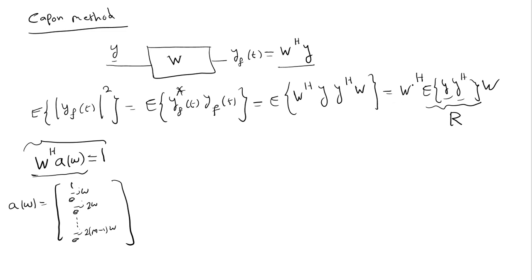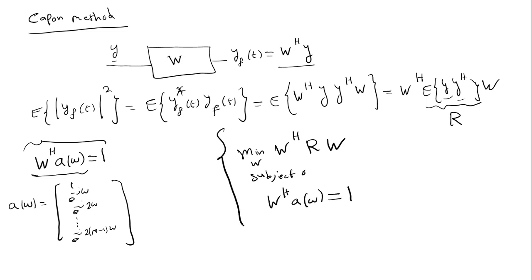So we have to solve this optimization problem to find the optimum weight vector: minimize W Hermitian R W subject to W Hermitian A(omega) equals 1. This is a constrained optimization problem, and I have to use Lagrange multiplier to solve this problem.